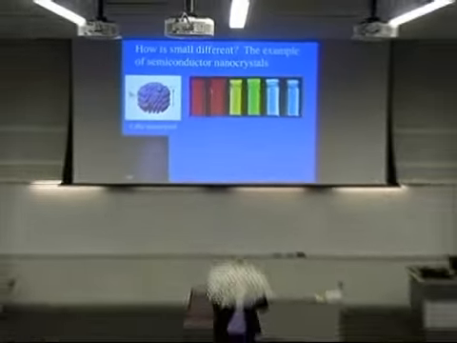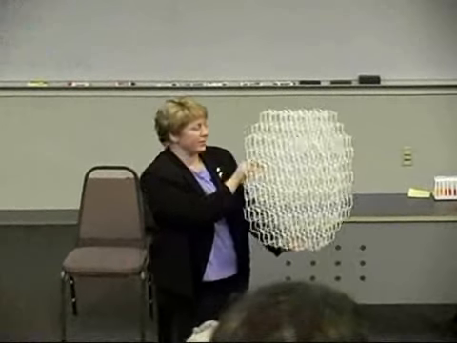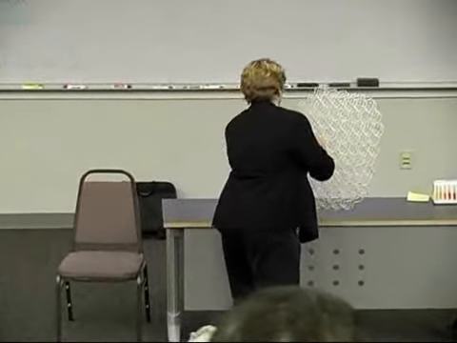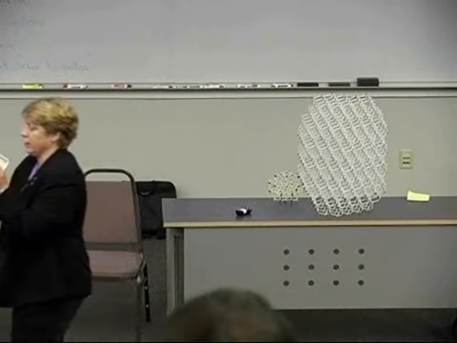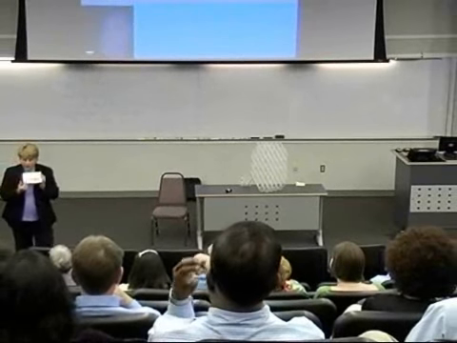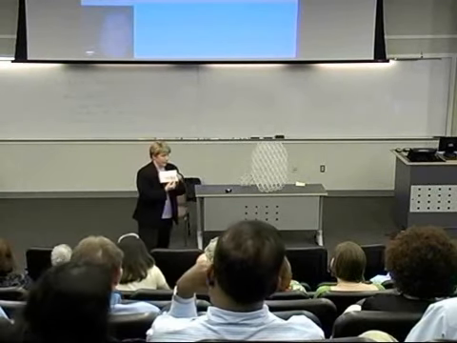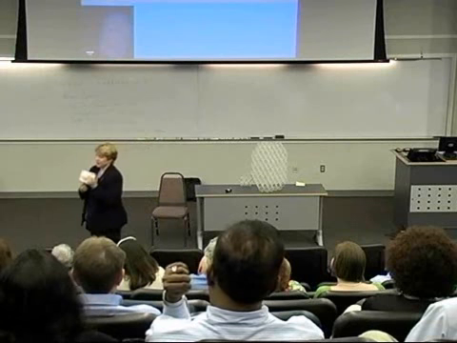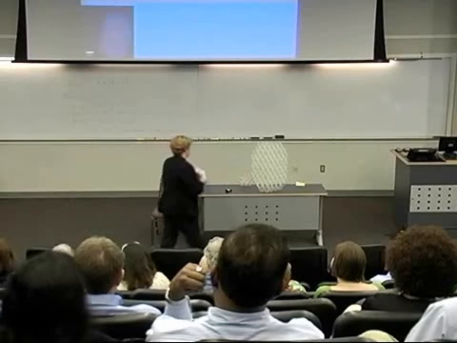This model contains about 1,000 atoms, and it represents a nanocrystal that is 6 nanometers in size. What's really cool is that if you make them a different size, you get a different color. These small ones are about 2 nanometers in size, and these are larger ones all the way to about 6 nanometers. This is all the same material. It's just a different size.